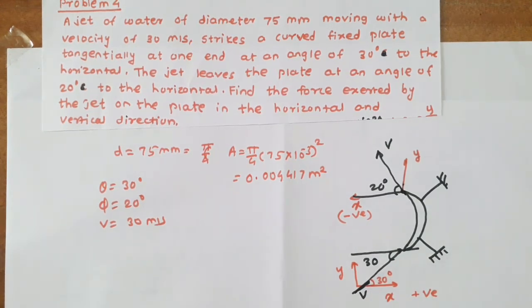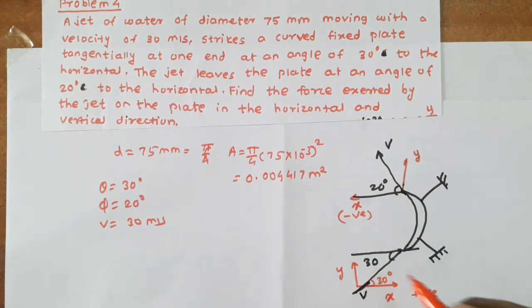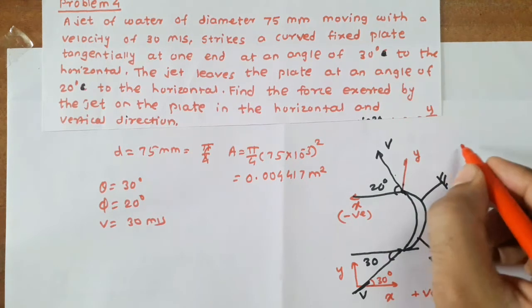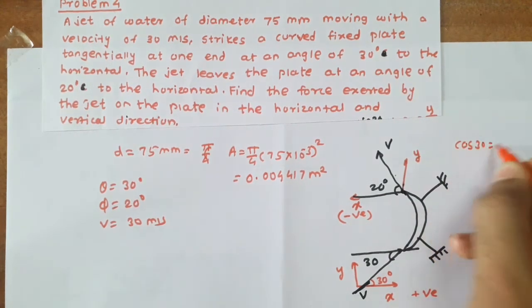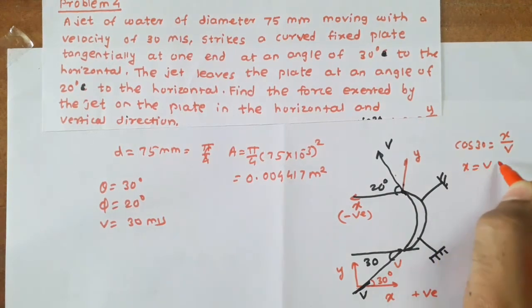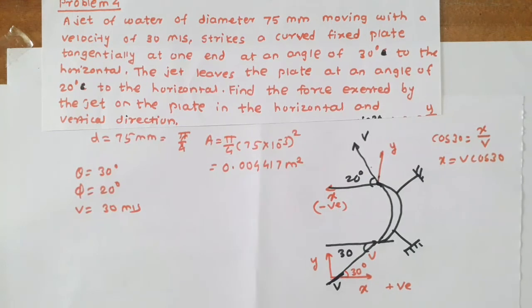Now apply cos 30 and sin 30 for inlet velocity components as well as outlet velocity components. So apply cos 30. Cos 30 is the adjacent side, x by v. So x is nothing but v cos 30.